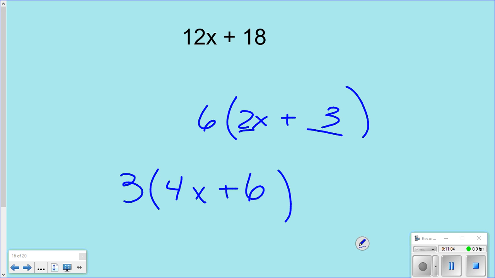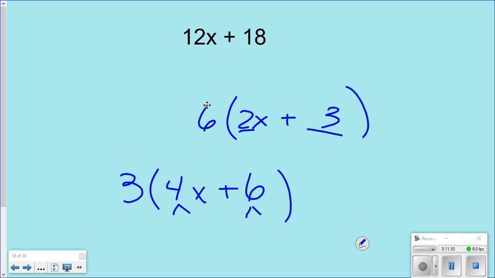Why do you think this cannot be an answer? Mason? When we factor something, we want it as small as possible. 3 is not the greatest. What does this share?